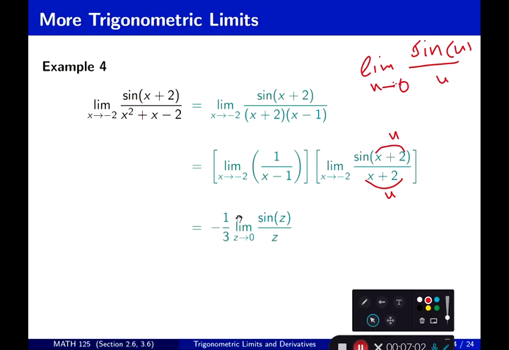So after substitution, this part becomes -1/3, and this part becomes limit as z approaches 0 of sine of z over z, which is 1, and then that is going to be -1/3.